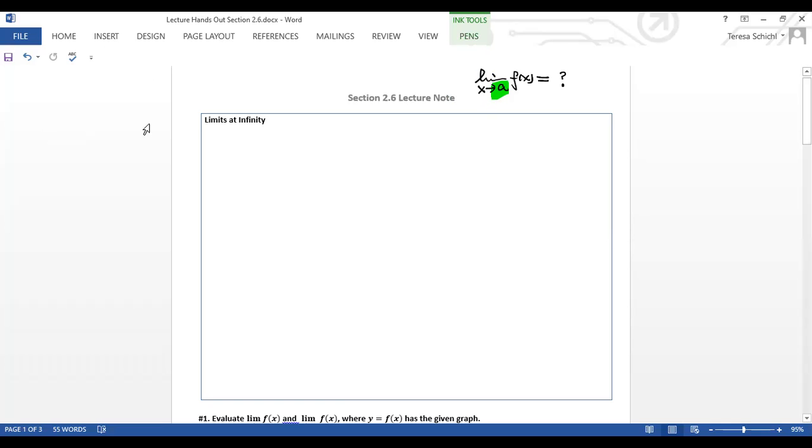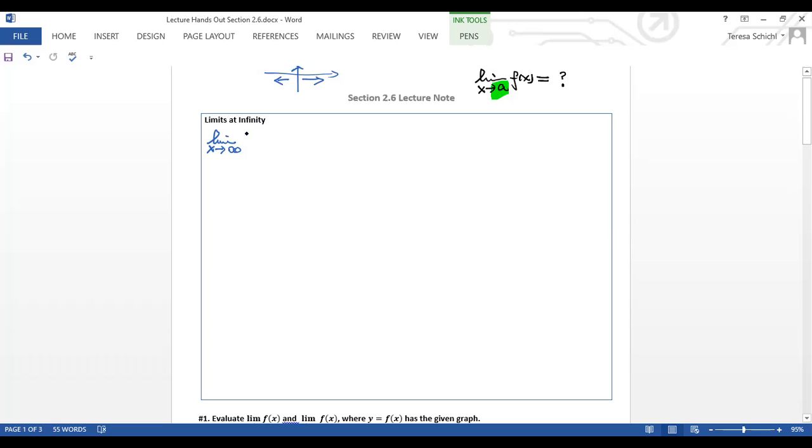So the way we define it is like this. We say the limit as x approaches infinity. Of course, you can do negative infinity as well, right? So you have two ends, because this is our coordinate system here. For this coordinate system, x can go to positive infinity or x could go to negative infinity.